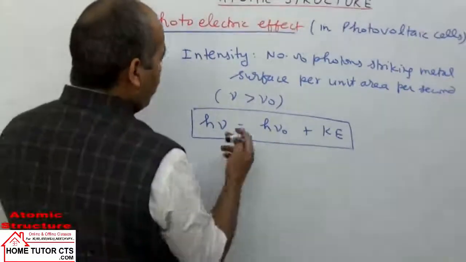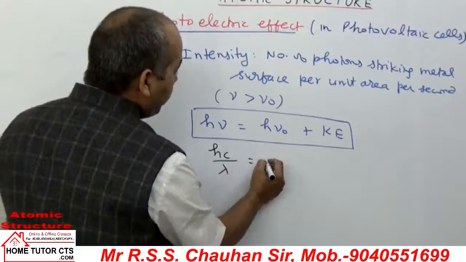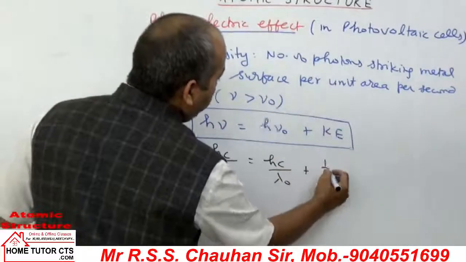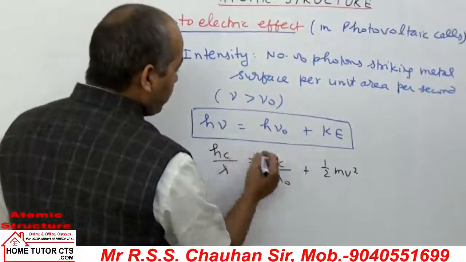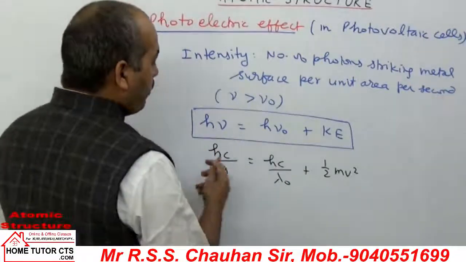Or you can take hc by lambda is equal to hc by lambda naught plus half mv square, kinetic energy. So expressions you can write in different forms as per the requirement of questions.